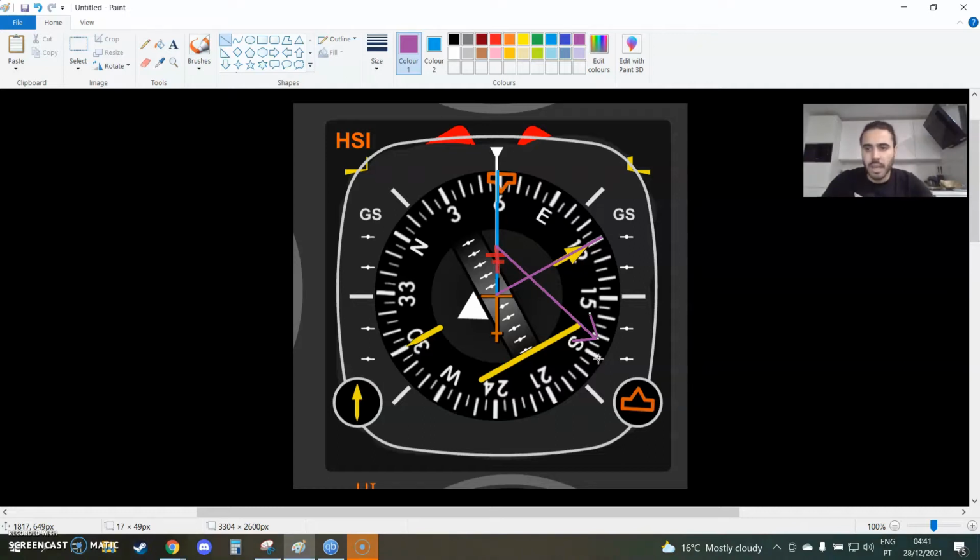In the end, I noticed that I was really far away, so I intercepted at a 90-degree angle. So basically I did it like this. I came, say I was here in the center, so I came here and then intercepted the radial and followed it, okay? This is what I did, okay? Let's see this.